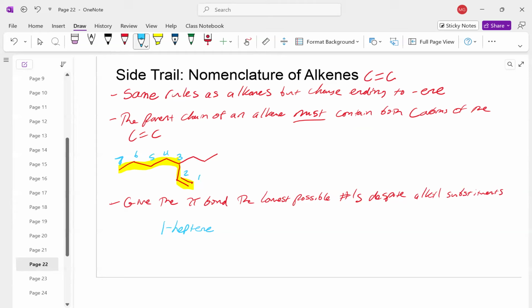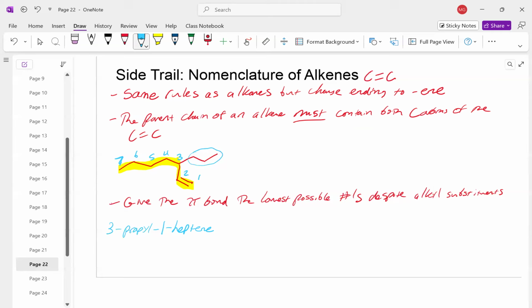You would just say 1-heptene, and the reader automatically knows the next carbon over is the end of the double bond. And wherever the substituent ends up, that's the number it gets. So here on the 3rd carbon, there is a propyl group. So I'm going to say 3-propyl-1-heptene.